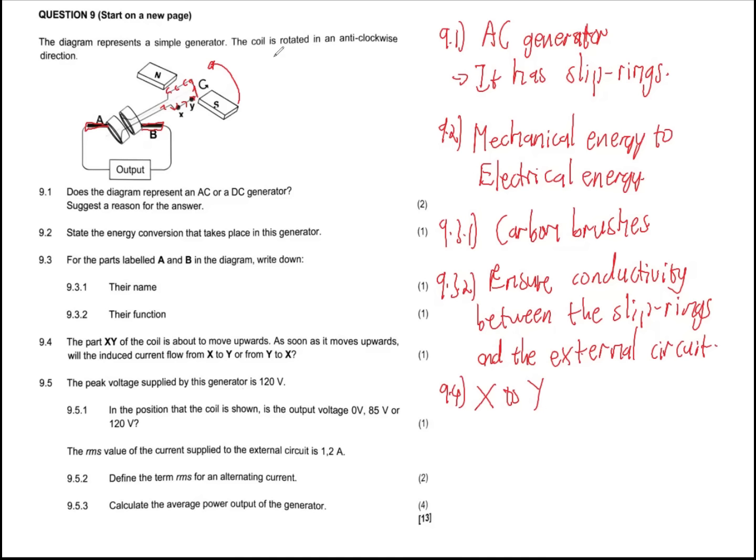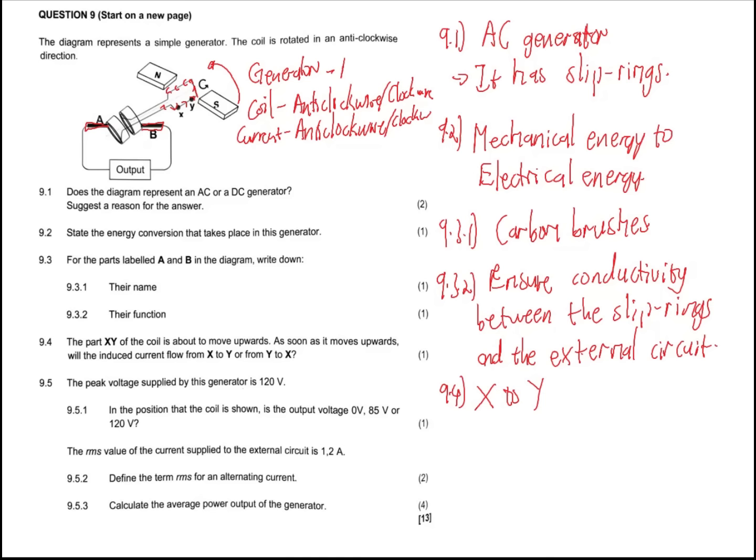So note, this is very important: with the generator, if the coil is anti-clockwise, then even the current will be anti-clockwise. And if the coil is rotating clockwise, then the current will also be flowing clockwise.